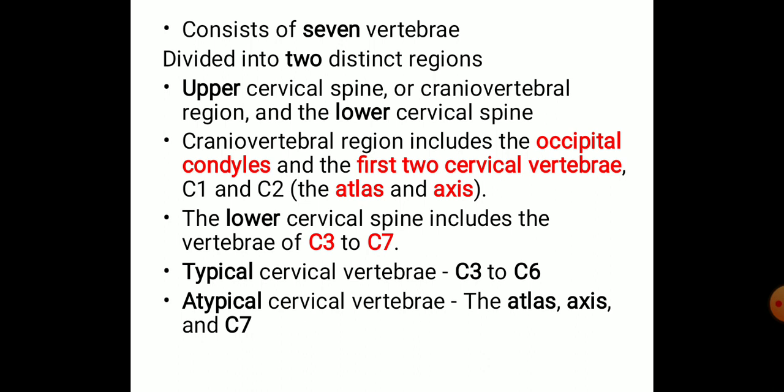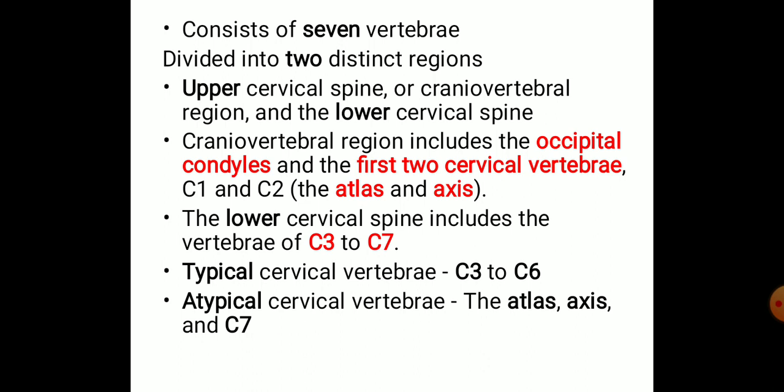The upper cervical region consists of the occipital condyles and the first two cervical vertebrae. So we have our skull. The skull joins with the vertebral column by means of the occipital condyles. So the upper cervical region consists of two occipital condyles and the first and second vertebrae.